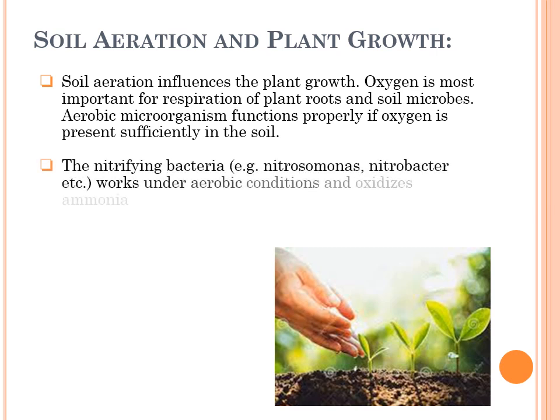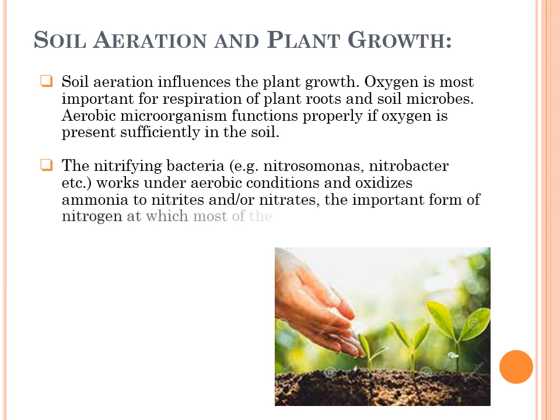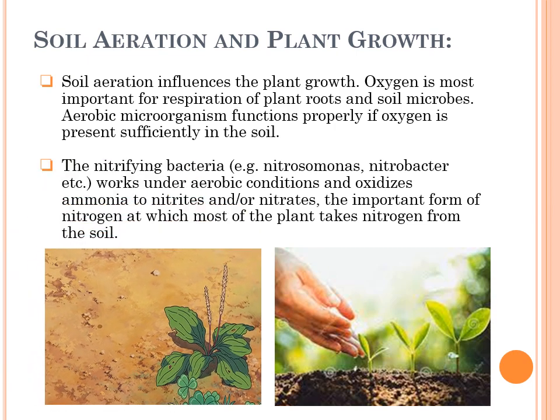Soil microorganisms decompose the organic matter in aerated soil, and nutrients are liberated for the growth of the plants. The nitrifying bacteria, for example Nitrosomonas or Nitrobacter, work under aerobic conditions and oxidize ammonia to nitrites or nitrates, the important form of nitrogen in which most plants take nitrogen from the soil.